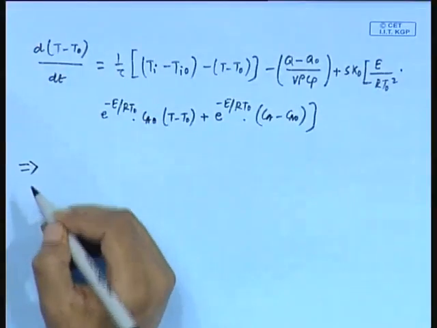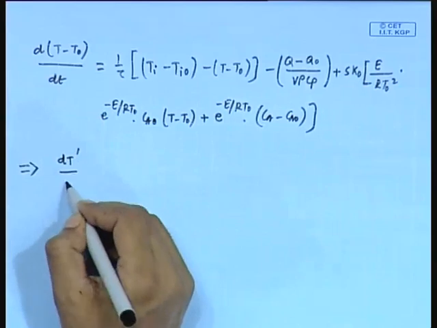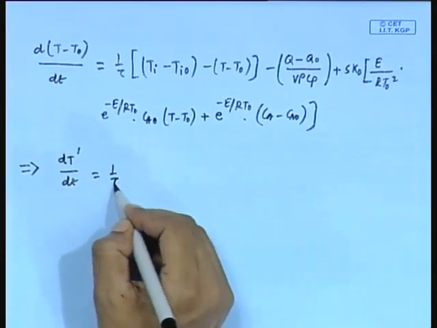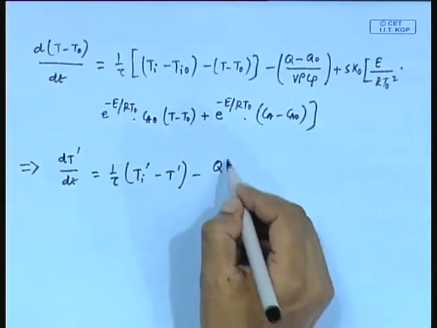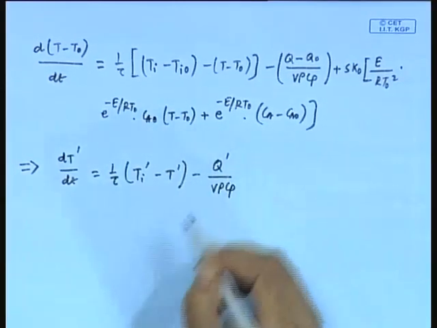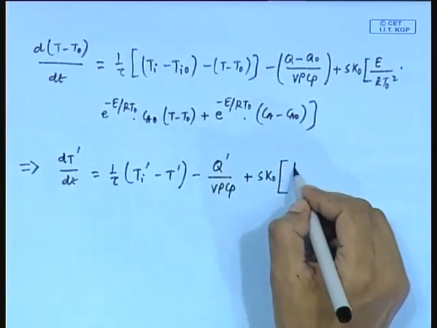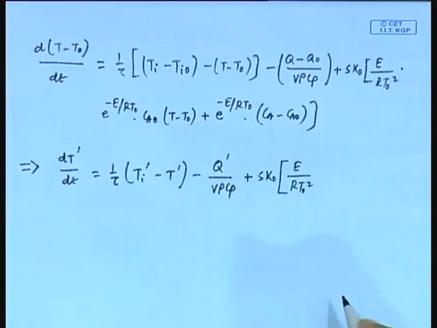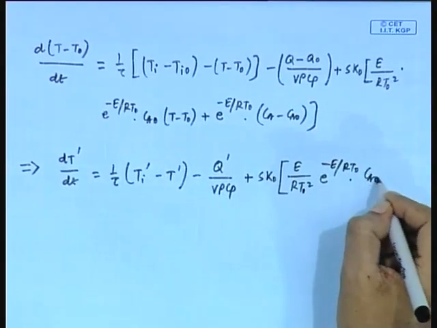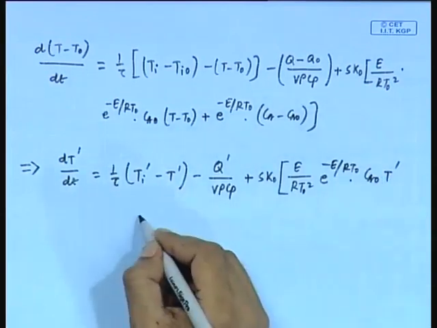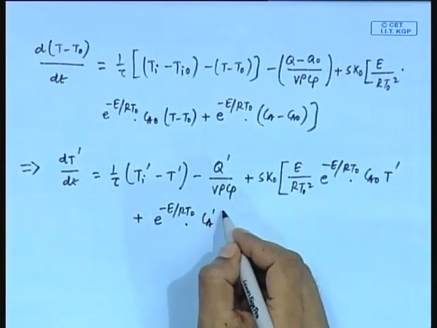So, if we again substitute the expressions of deviation variables, we will get d T prime dt equal to 1 by tau, T I prime minus T prime, minus Q prime divided by V rho C P, then S K naught, E divided by R T naught square, exponential of minus E divided by R T naught, C A naught T prime, plus exponential of minus E divided by R T naught, C A prime.